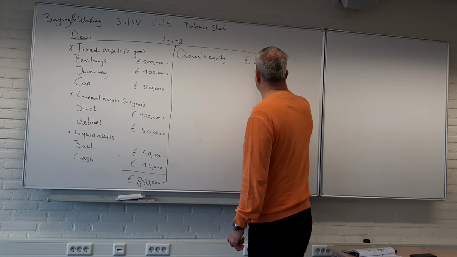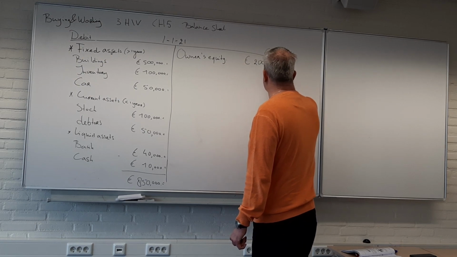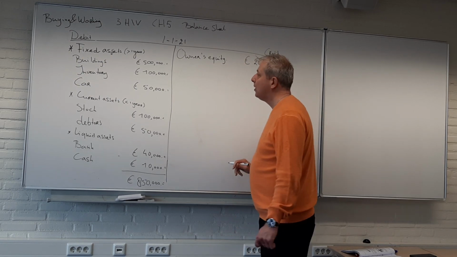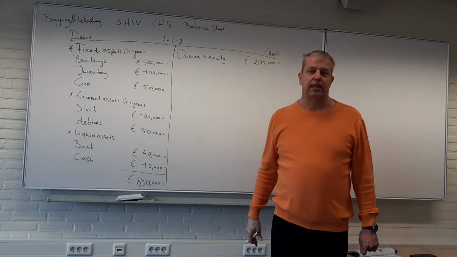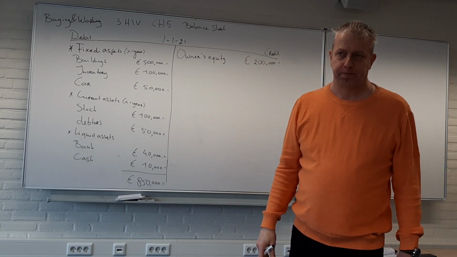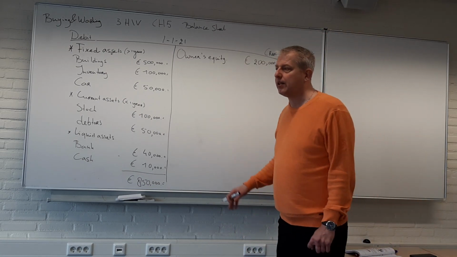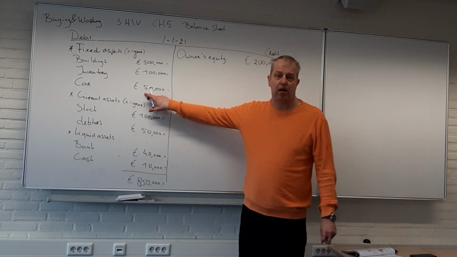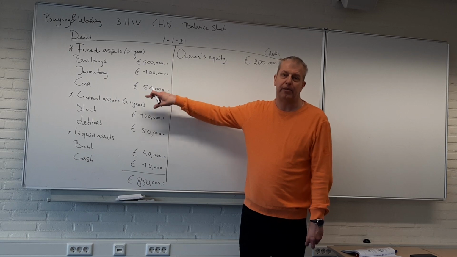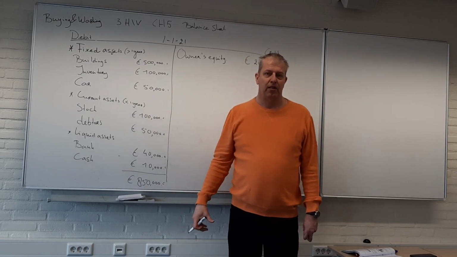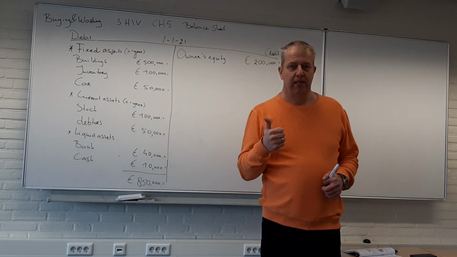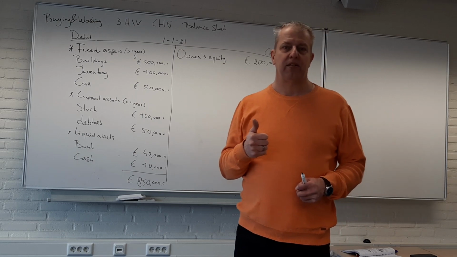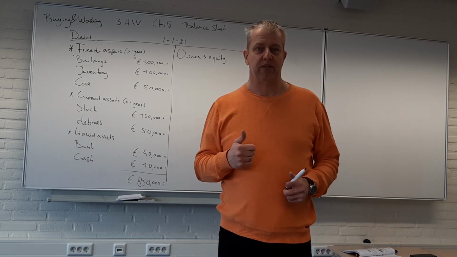Suppose he was rich and he had 200,000 euros, which he put into his company in either money, or maybe he donated his car to the company, so he gave assets. So you can either give money to finance your asset, or you can give the asset yourself.